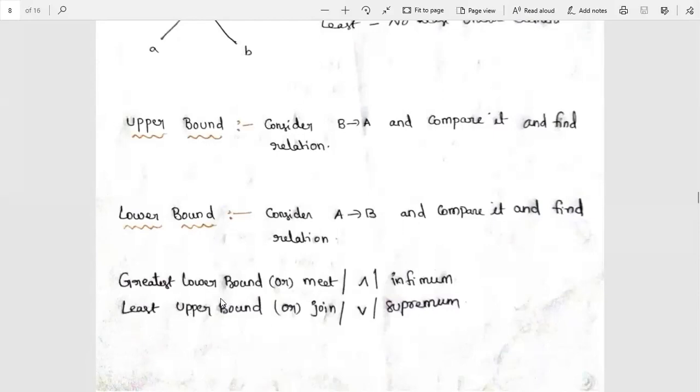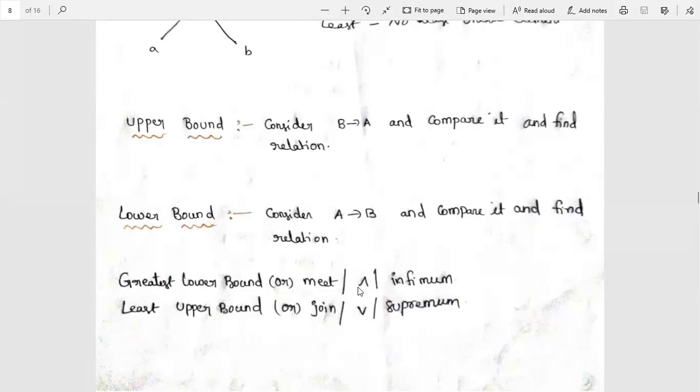So after finding the upper bound and lower bound, we have to find GLB. GLB means greatest lower bound, or meet, infimum. It is also known as meet, and we denote it by the AND symbol.